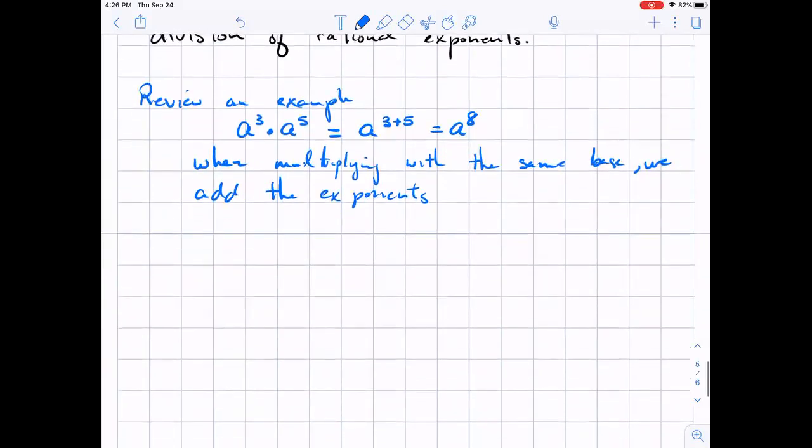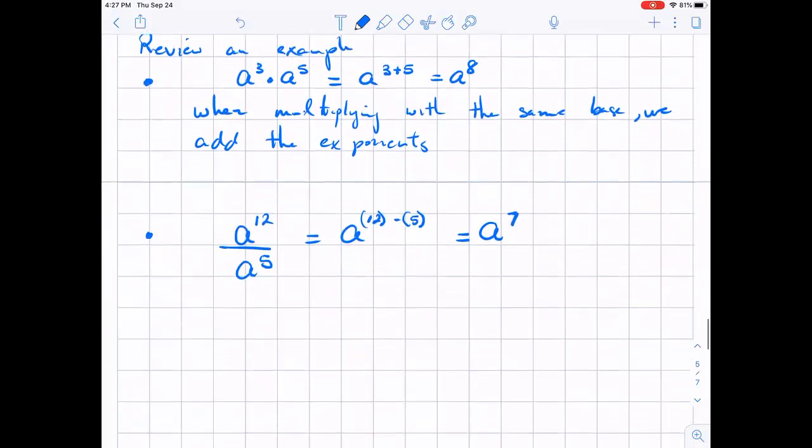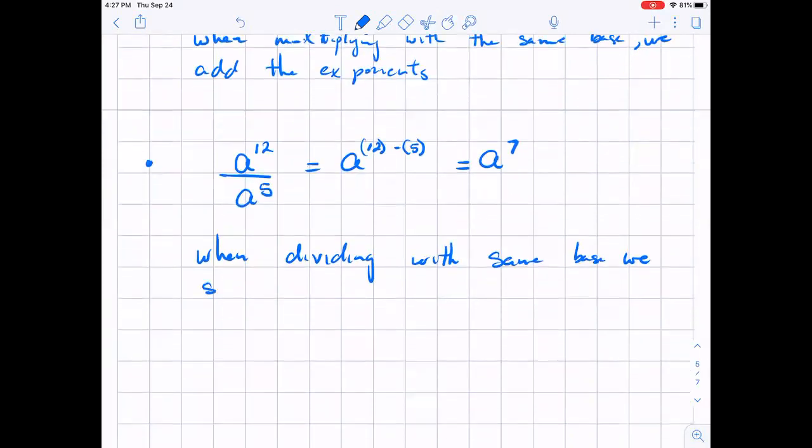And in addition, if we had a to the 12th divided by a to the 5th, this becomes a, and I always tell you to keep it in parentheses, 12 minus the denominator, which is equal to a to the 7th. So in general, when dividing with the same base, we subtract the exponents.